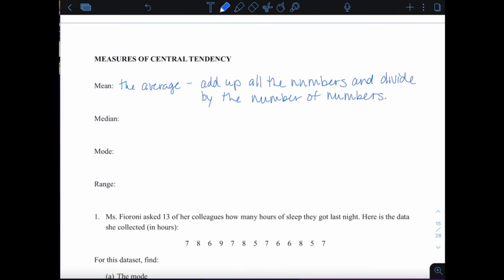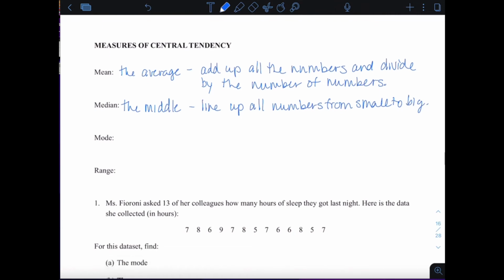Okay. The median is the number that's right in the middle. So what we have to do is line up all the numbers from small to big. And if there are an odd number of numbers, we just take the middle number.